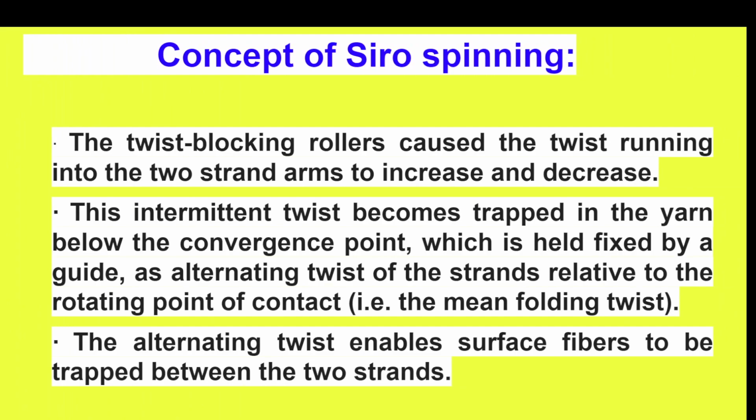The twist blocking rollers caused the twist running into the two strand arms to increase and decrease.